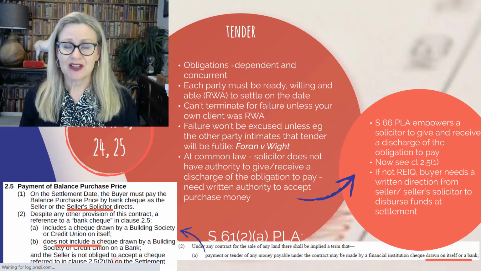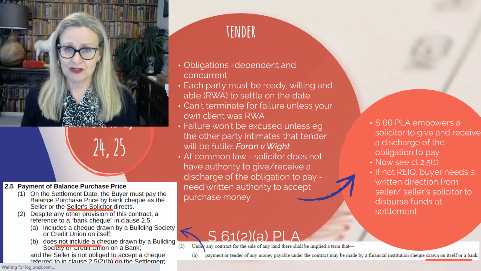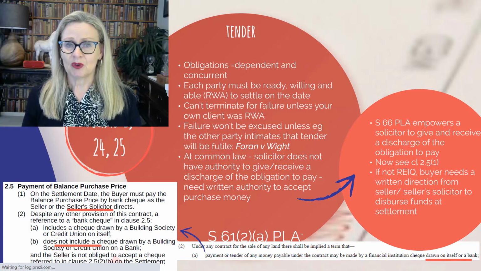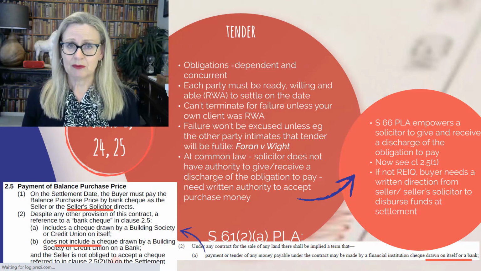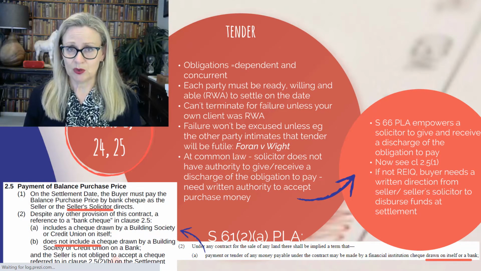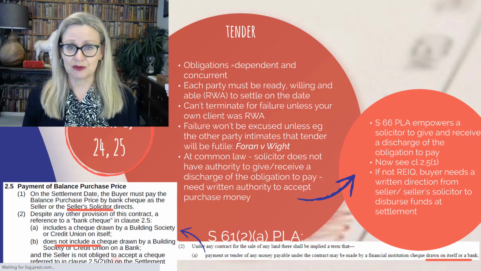The purchaser has to offer up their payment and the seller has to offer up the transfer. Obviously, each party has to be ready, willing and able to complete on settlement date. If one party fails to tender their performance at settlement, the other party can't terminate unless they are ready, willing and able to settle themselves.